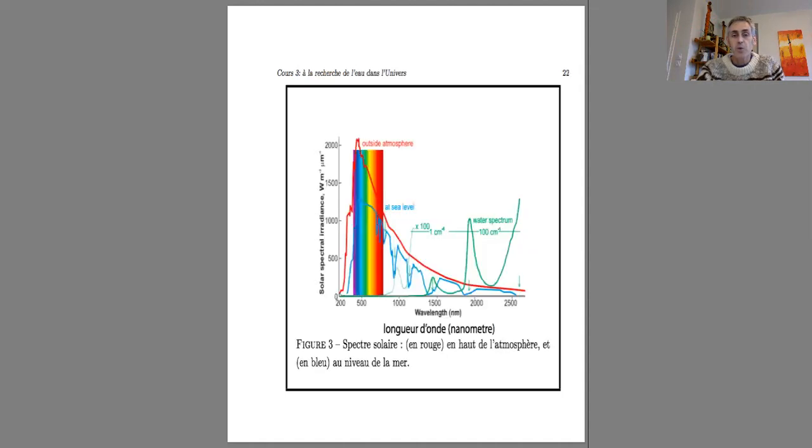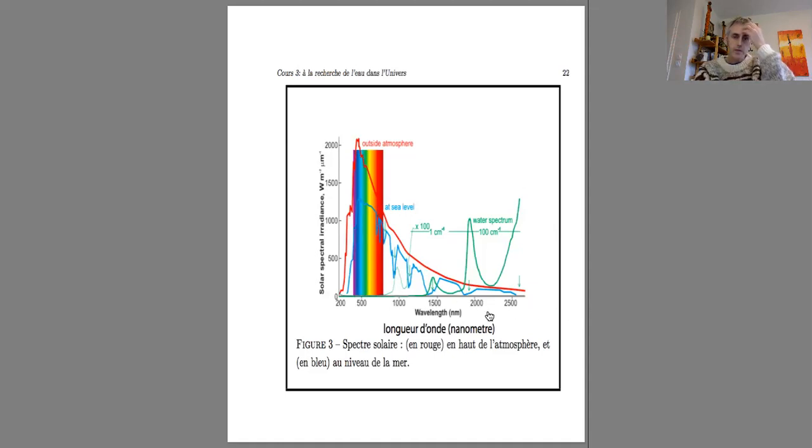To make this point a little bit stronger, I've shown the solar spectrum. So this is the light emitted by the sun. The intensity of the light is on the vertical axis versus the wavelength on the horizontal axis.